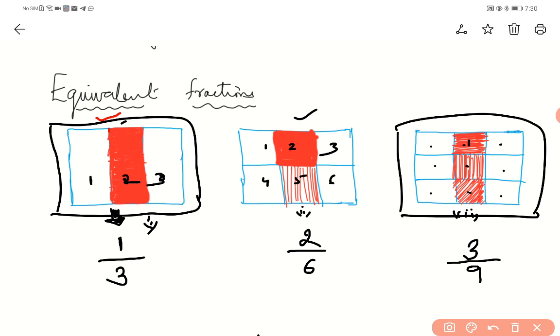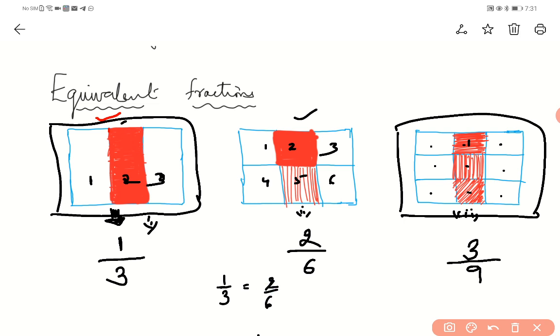Okay. So now tell me, can I write this 2 by 6 as, 2 ones are 2, 2 threes are 6, so I can write this as 1 by 3, isn't it? It is the same as this 1 by 3, and even this will be equal to 1 by 3. So what does this mean? All these, 2 by 6 and 1 by 3 and 3 by 9. 1 by 3 is nothing but 2 by 6.